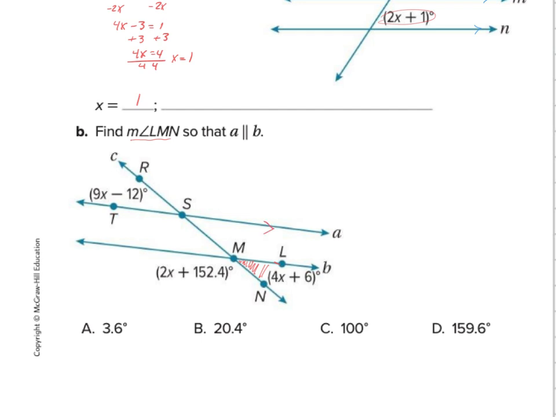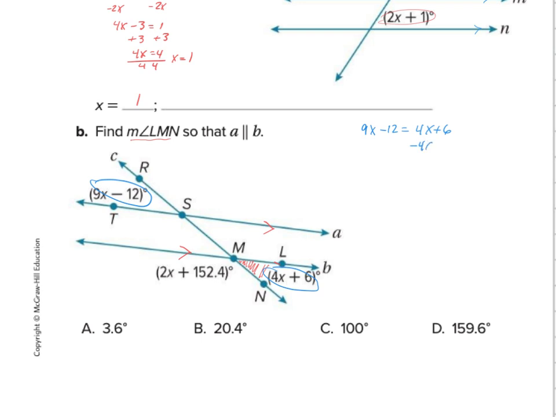So I want this line to be parallel with this line, and if that were the case, I could look at this and this as alternate exterior angles. And if my alternate exterior angles are congruent, then I have parallel lines A and B. So simply, I have 9x minus 12 is equal to 4x plus 6.